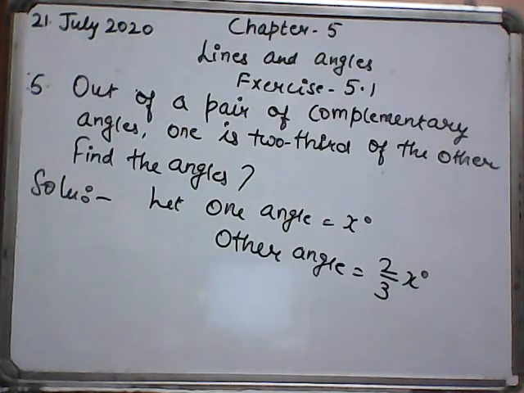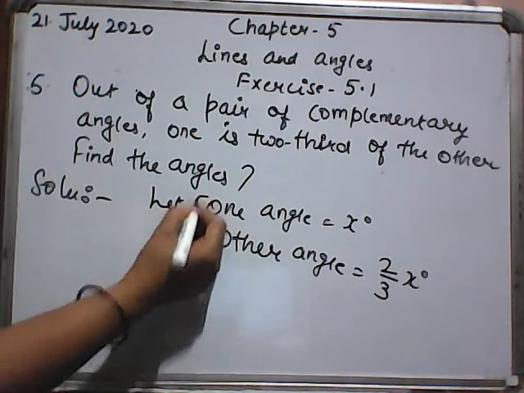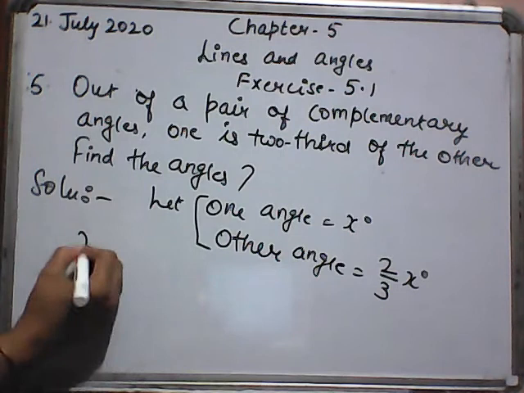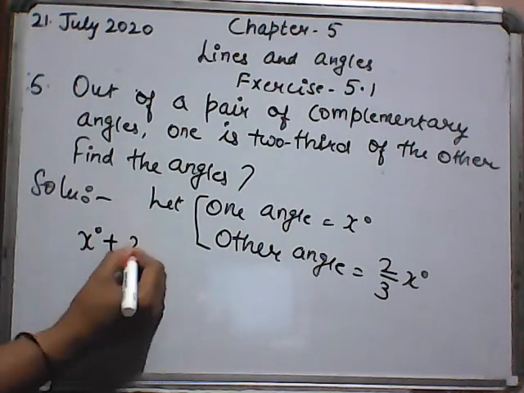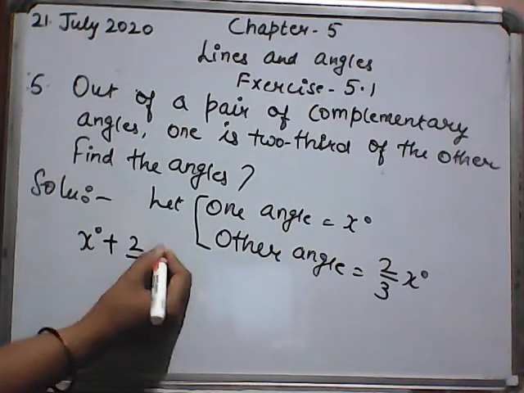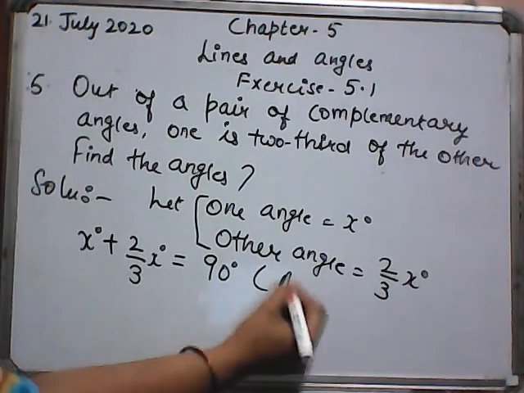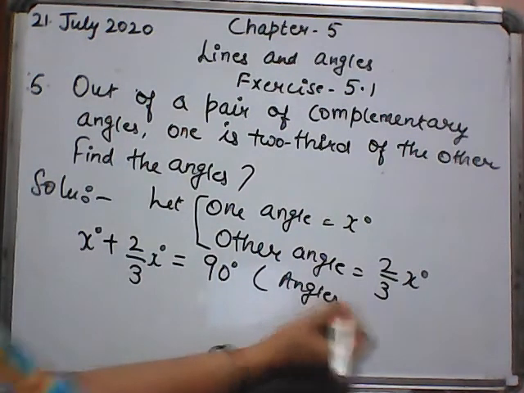Now x degree plus 2/3 x degree equals 90 degree. The condition given is that the angles are complementary.